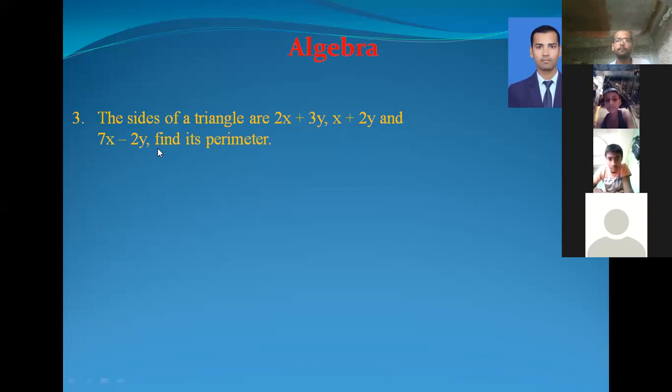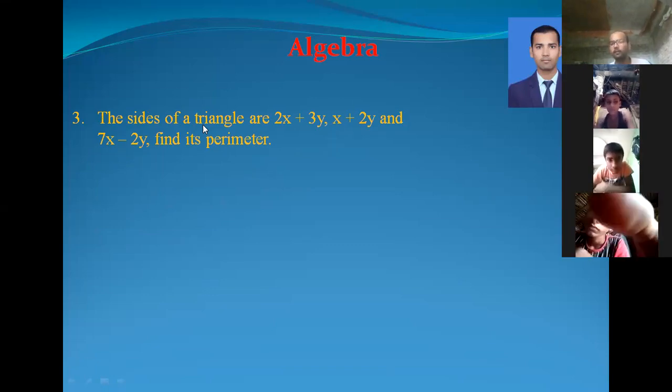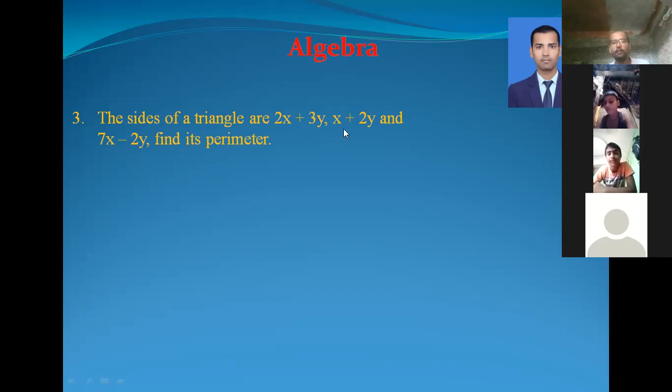Find its perimeter. As you know, the perimeter of a triangle is the sum of all sides. As we have been given the three sides of the triangle, let's solve it.